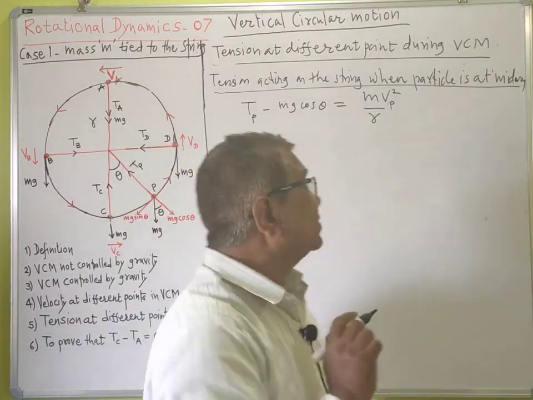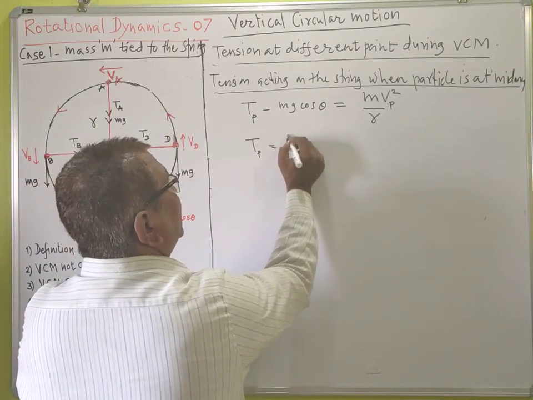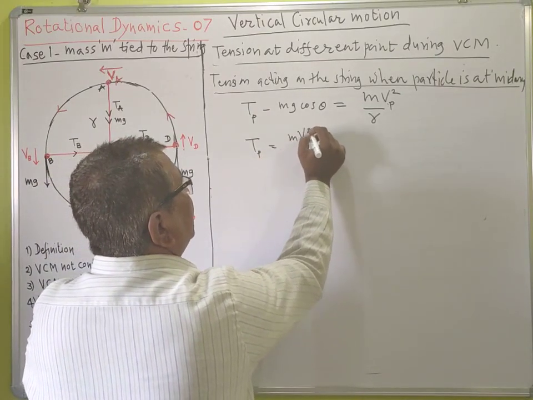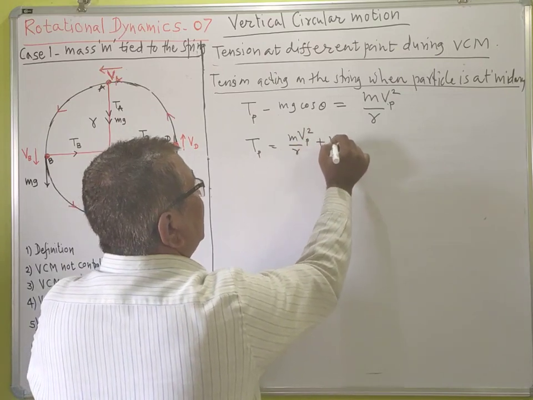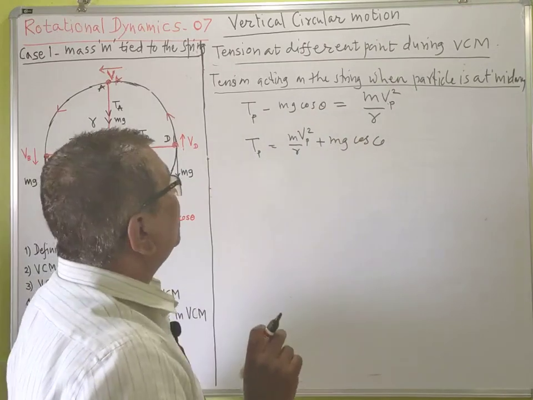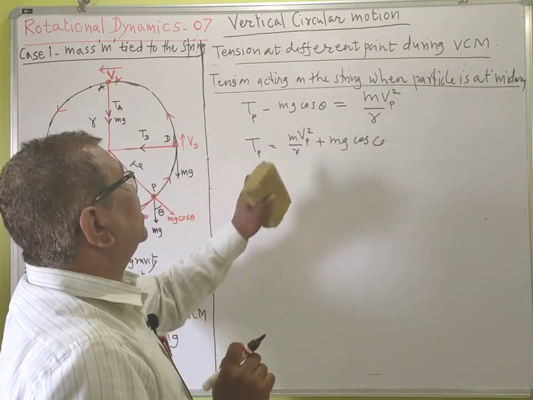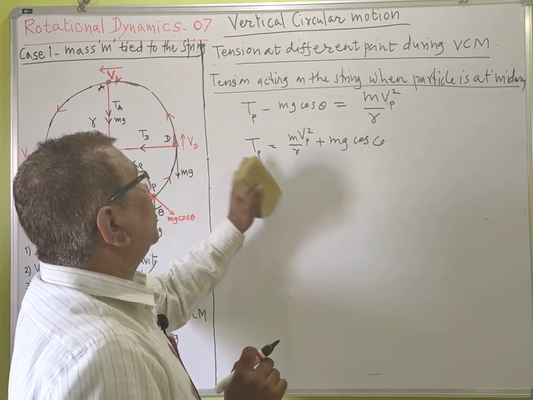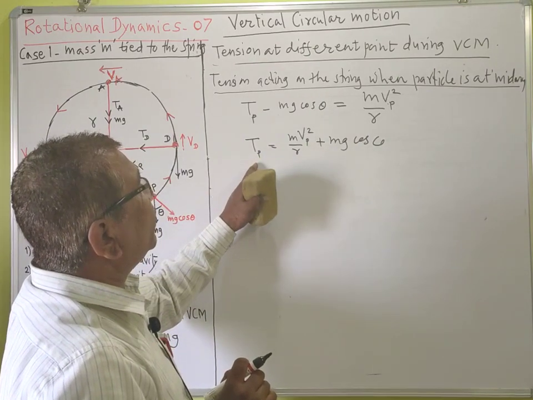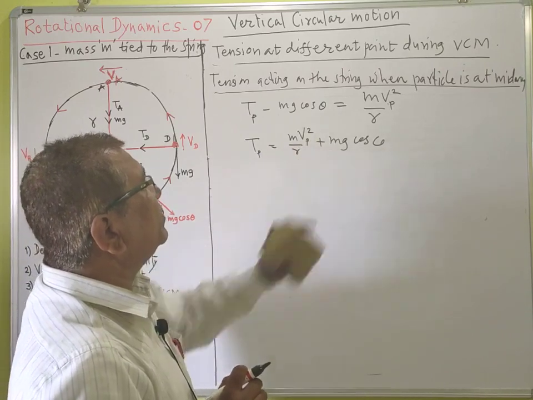Then Tp is equal to m vp square upon r plus mg cos theta. So we have to write here, when the particle is at any position, then the tension acting on the string at an arbitrary point is given by Tp is equal to m vp square upon r plus mg cos theta.